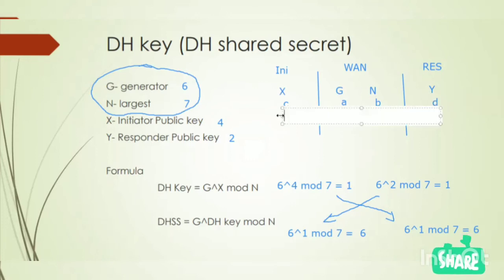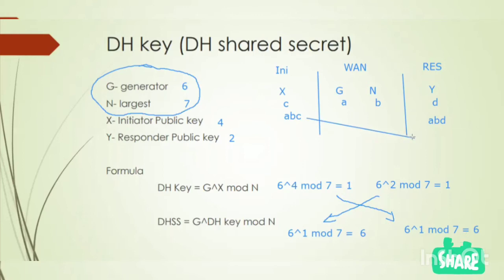So now we are calculating the DH key. G, A, B, C: this is the DH key of the initiator, and A, B, D is the DH key of the responder. So now they will share this key.